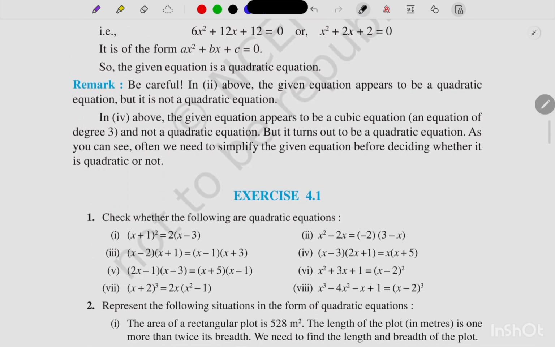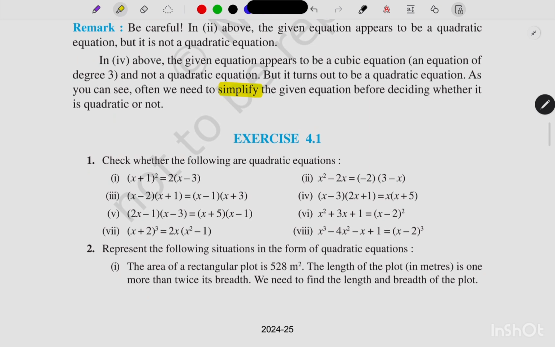Okay, that I think I have already mentioned, that you must be careful. In 4 above, the given equations appear to be cubic equations, okay, and not quadratic, but it turns out to be quadratic. As you can see, we often must simplify the equation before deciding whether or not it is quadratic.